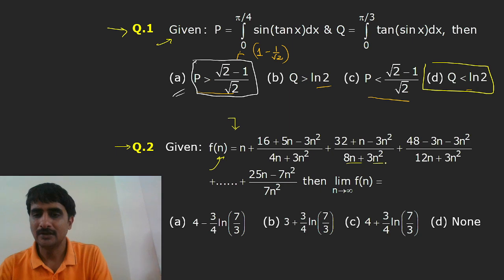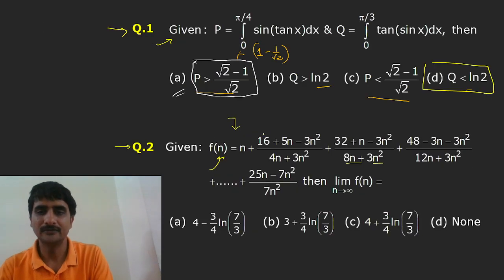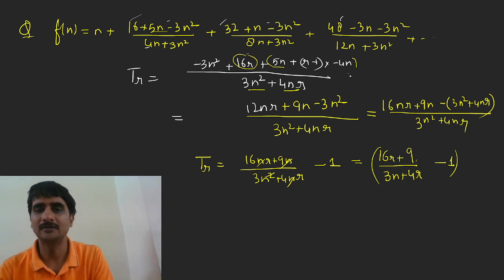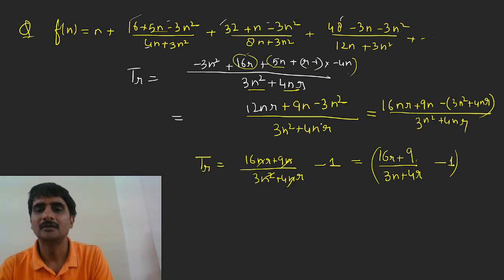Okay. So 4nr plus 3n square. It's 4nr plus 3n square. In the numerator is 16, 32, so it's 16r. Okay. Then it is minus 3n square. Fine. 5n. So if I write this as 5n minus 4nr. Did I miss that term?